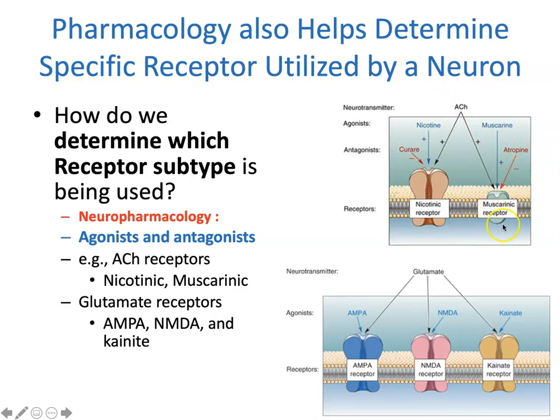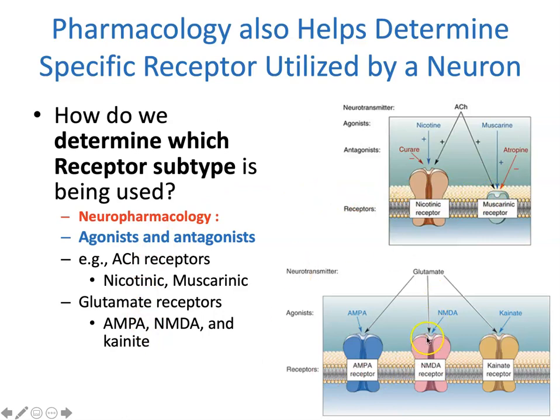We find muscarinic receptors, for example, in your cardiac muscle tissue. So again, using these two different pharmacological agents, one an antagonist and the other an agonist, we were able to determine long ago that the heart muscle, or cardiac muscle, is utilizing a muscarinic acetylcholine receptor in order to function.